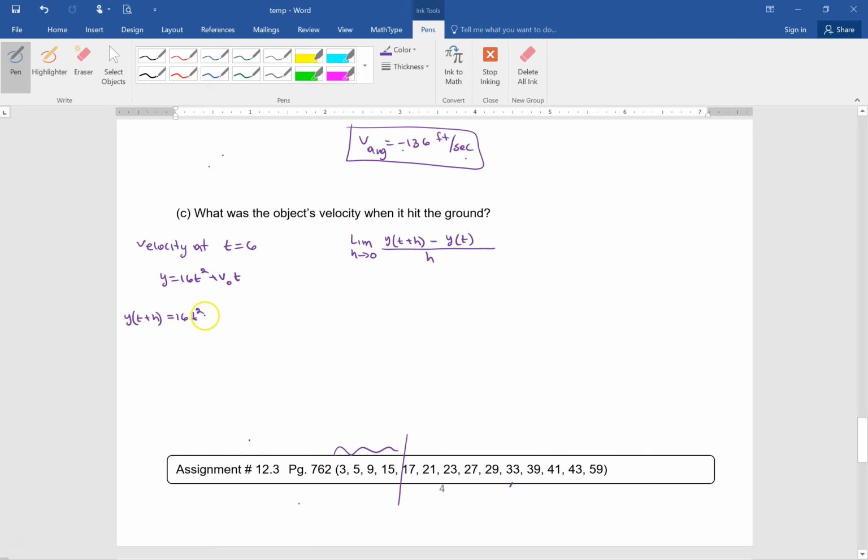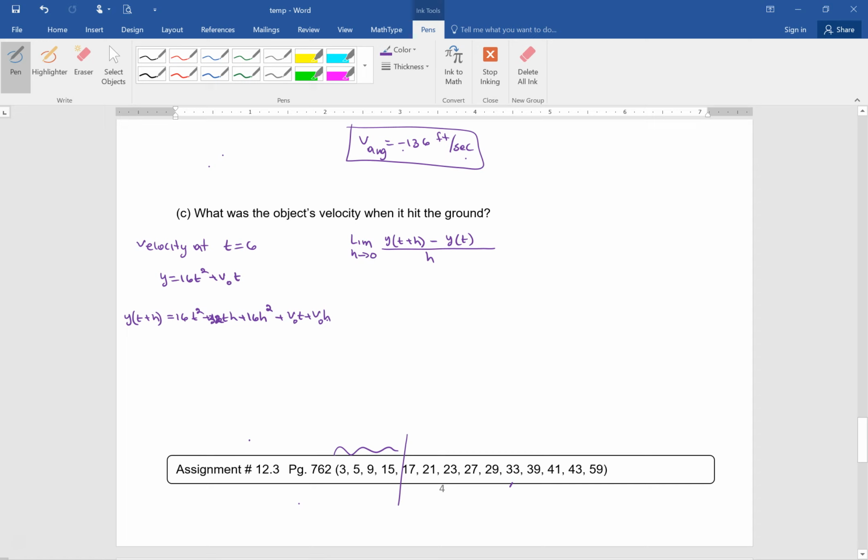So this is 16t squared plus 32th plus 16h squared, isn't it 32t, plus v naught t plus v naught h.